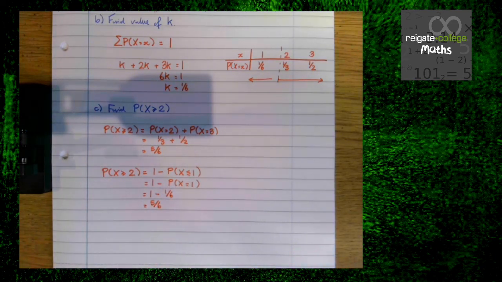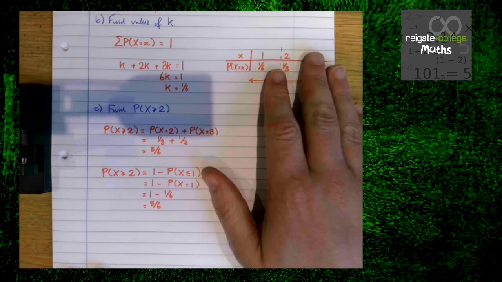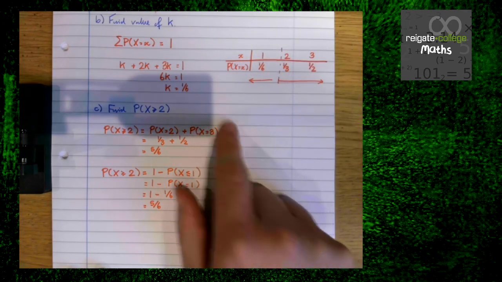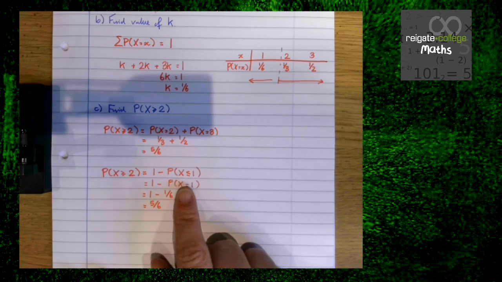So we get the same answer just in 2 different ways. And realistically, which method you choose to use is up to you. But again, if you have a lot more outcomes in your function, this could become a pain to do. This might be quicker.